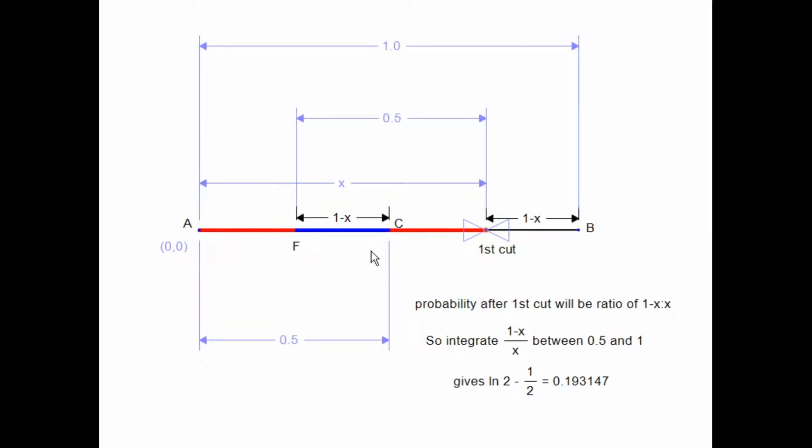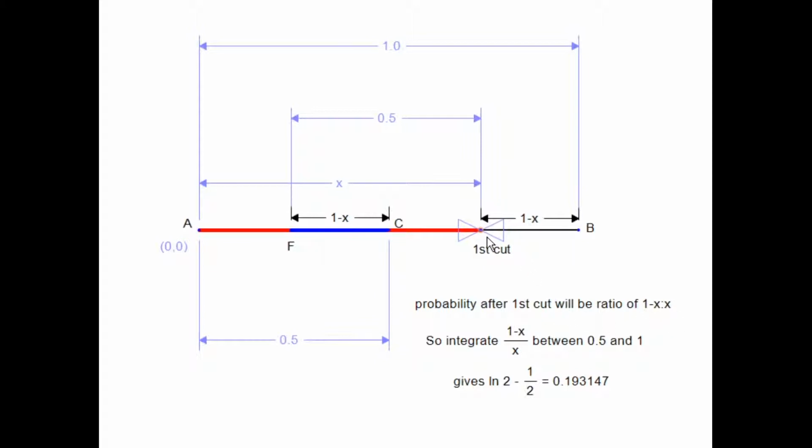So for that position, the probability of it working is the ratio of 1 minus x over x, because x is the possible range of cuts, 1 minus x is the only allowed range. So the ratio is going to be 1 minus x over x.